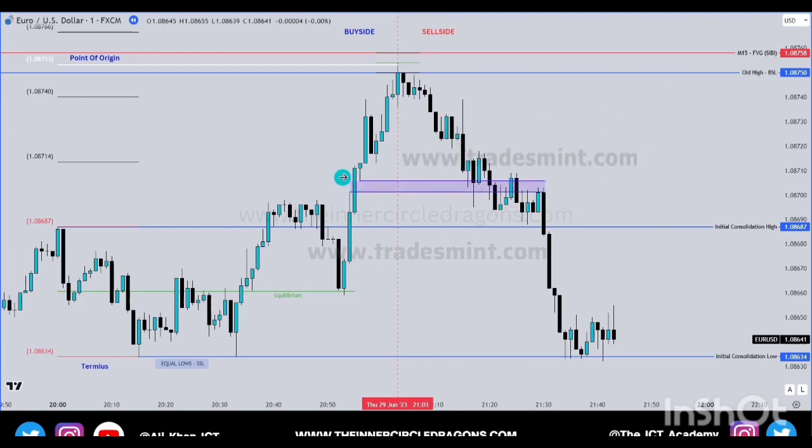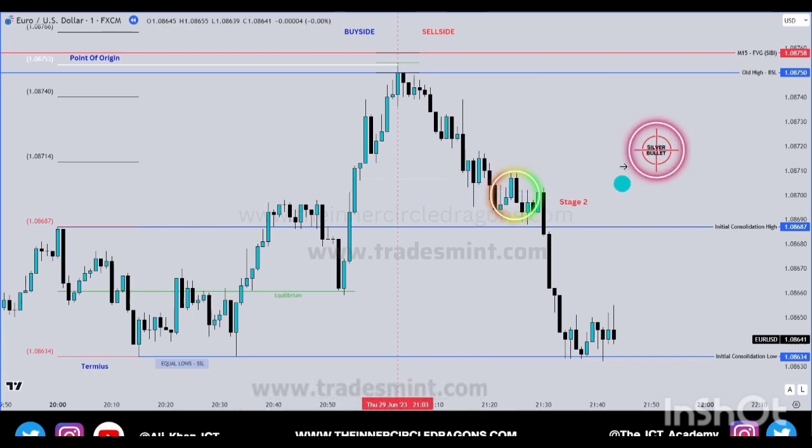We also have this buy side imbalance, which now acts as a balanced price range and an inversion level. You can see how price is respecting the discount end of that level over here. The bodies again tell the story that it's not willing to go any higher. This is our second stage of distribution and would be our silver bullet entry.